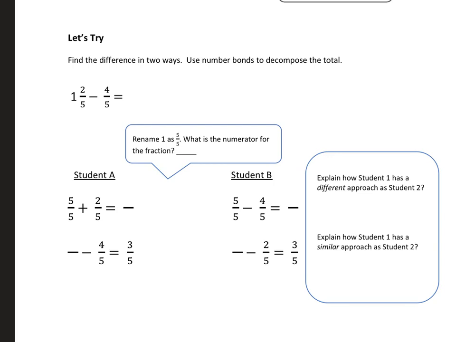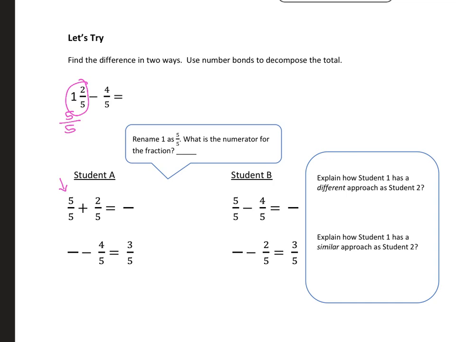So here they said, okay, I'm going to write one whole as 5/5, right? That's what they did right here. And now I'm going to add 5/5 and 2/5 together to put this mixed number into a fraction greater than 1. So they said 5/5 plus 2/5 equals blank.